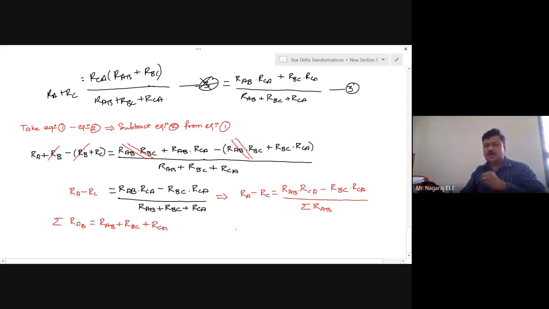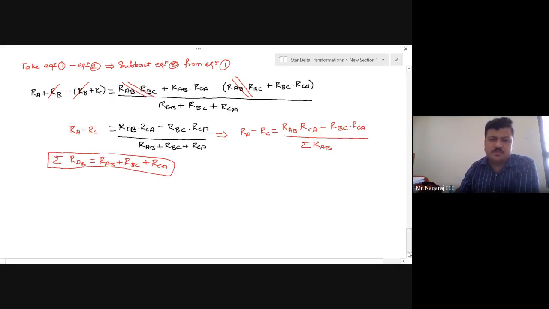It is the sum of all three resistances in the delta formation. This summation does not have any mathematical significance like a range or anything; it is simply a representation, the sum of all the delta connected resistors, just a shorter form of representation.